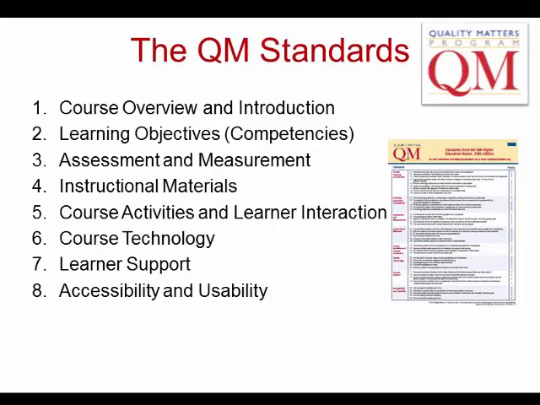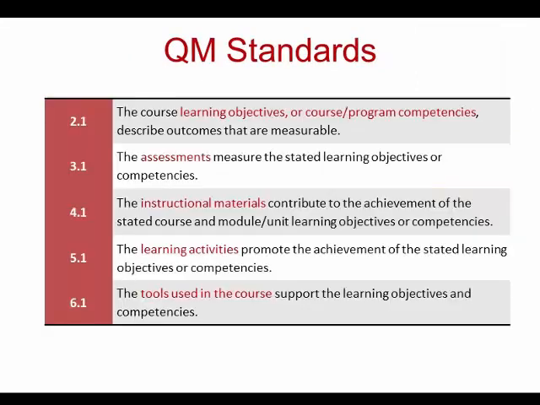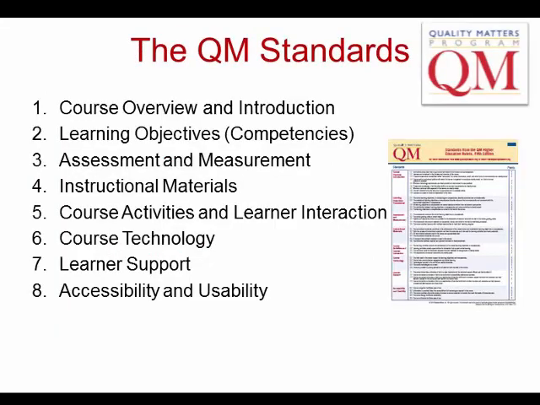What I'm going to do is show you all the standards that are connected to this alignment. Out of the 8 categories, these are categories 2, 3, 4, 5, 6. Category 2 is on learning objectives, 3 was on assessment, 4 was on instructional materials, 5 was on learning activities, and 6 was on course technology.